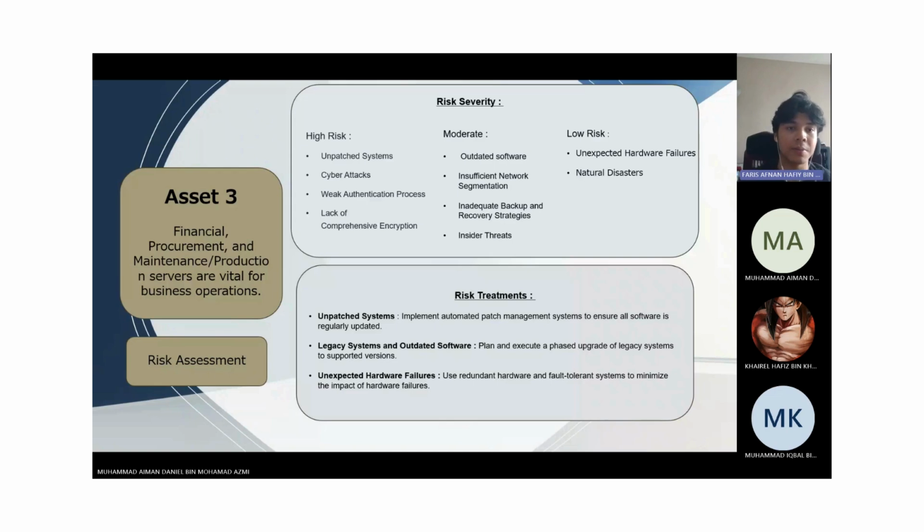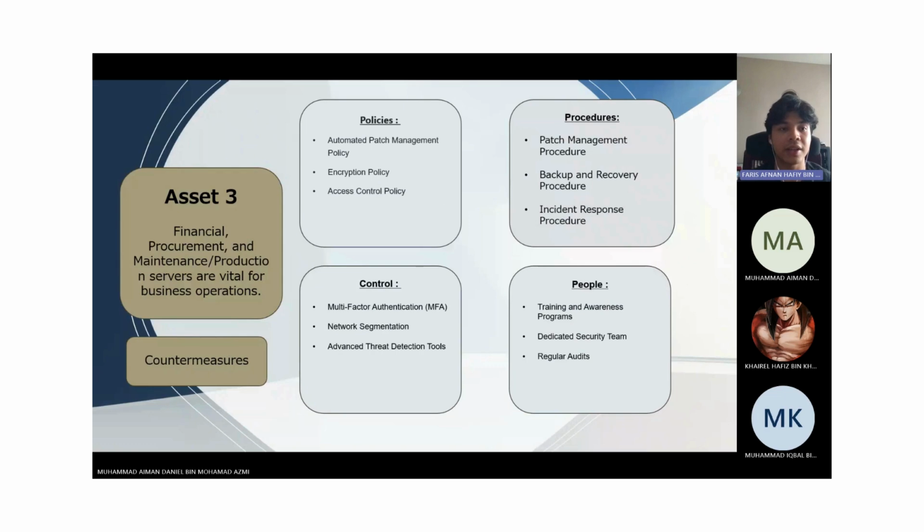Now let's move on to the implementation plan. Our countermeasures are designed to address the identified risks through specific policies, procedures, controls, and personnel training. First, we need to establish strong policies. Patch management policy, which mandates regular patching and updates for all systems.